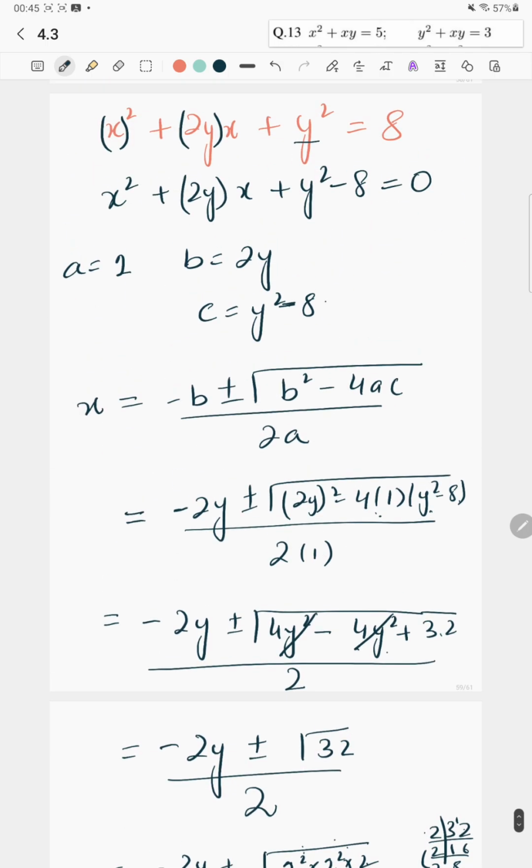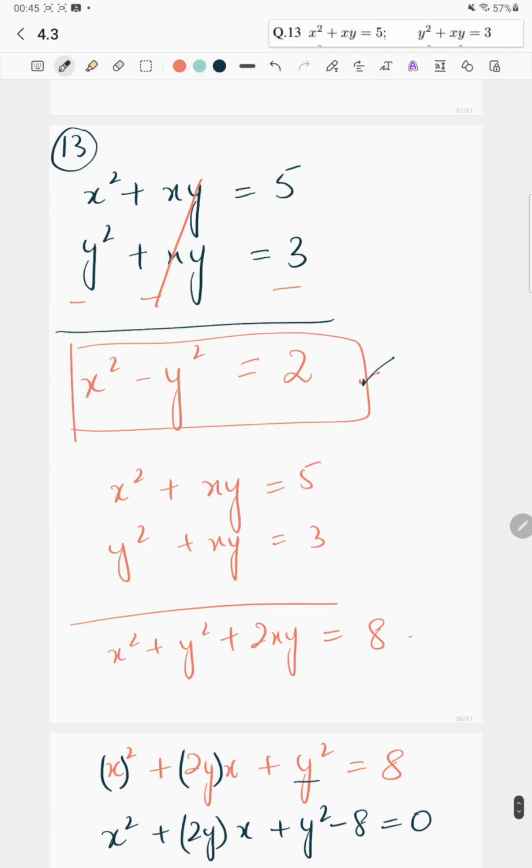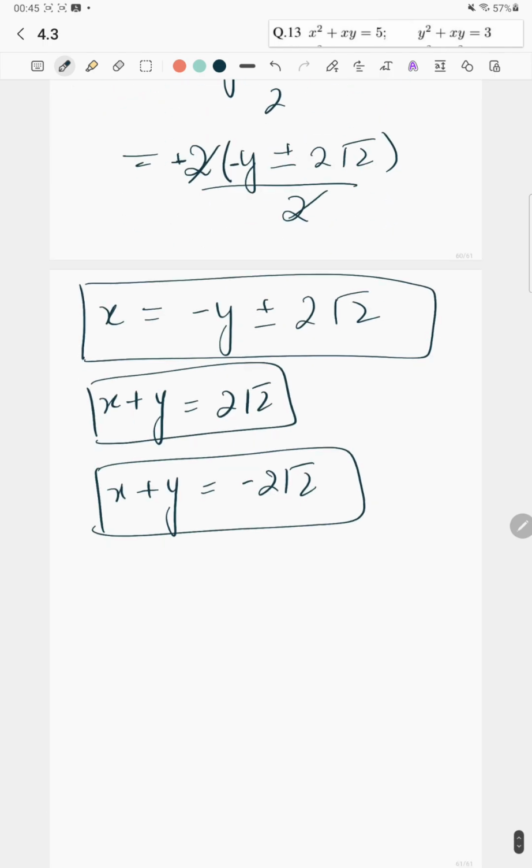I got the two linear equations from here. And I have one quadratic equation, x square minus y square is equal to 2. This is a quadratic equation that I have. So I can use the value of x as this or this.